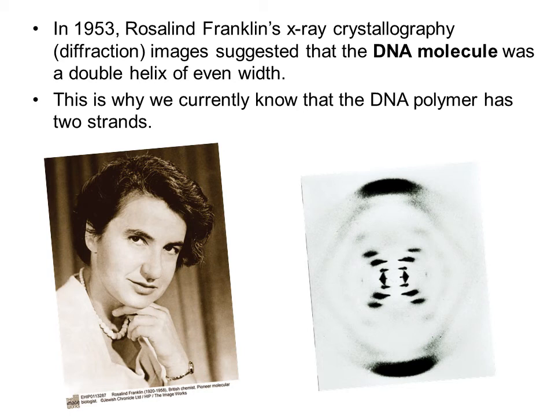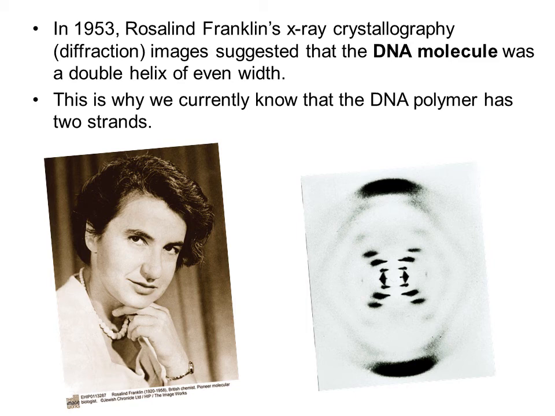In 1953, Rosalind Franklin's X-ray crystallography image suggested that the DNA molecule was a double helix of even width. This is why we currently know that the DNA polymer has two strands. It was because of this image that Rosalind Franklin obtained.